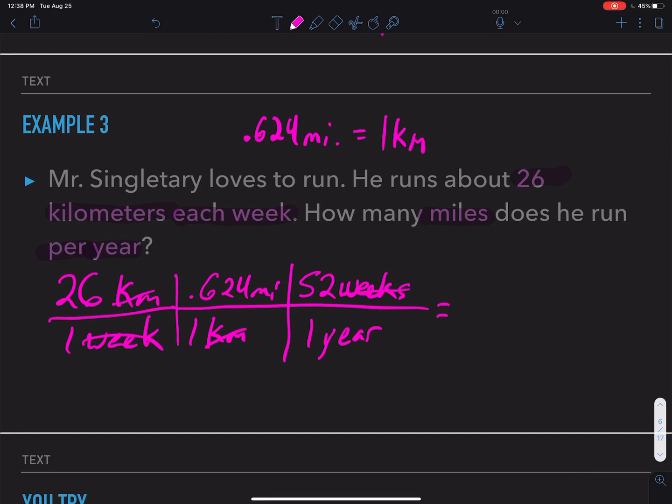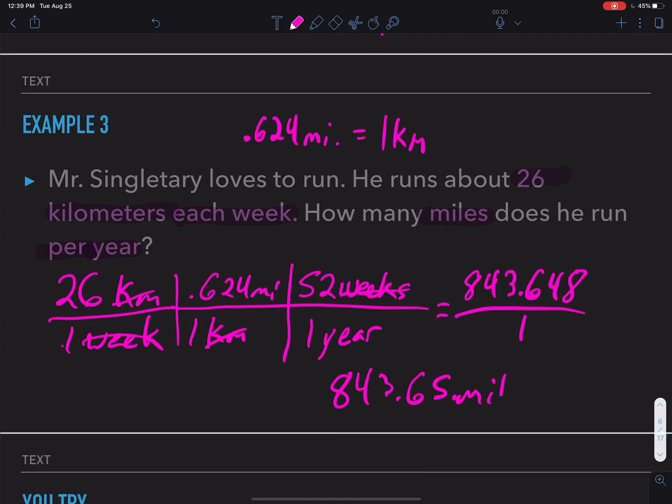So 26 times 0.624 times 52 is 843.648, divided by the easy product, 1 times 1 times 1, it's 1. So Mr. Singletary runs about 843.65 miles per year.